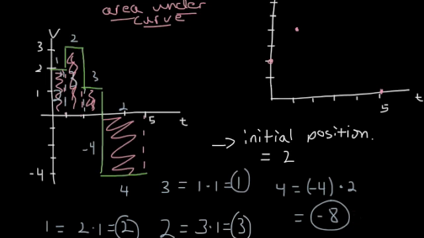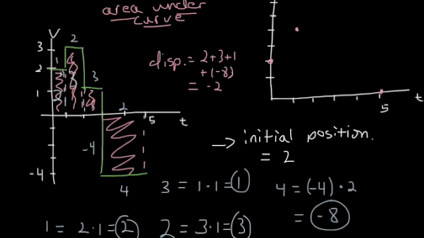I know this because my total displacement, if I add all these up together, 2 plus 3 plus 1 plus negative 8, is equal to negative 2. So I know my final position needs to be closer to 0 than my previous position.